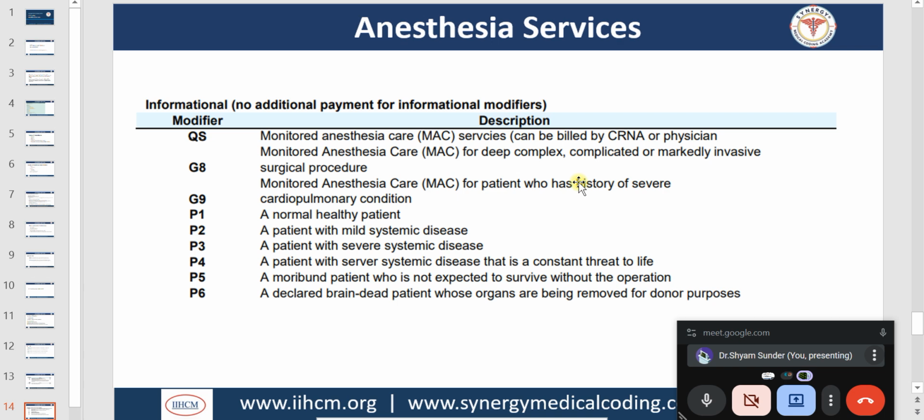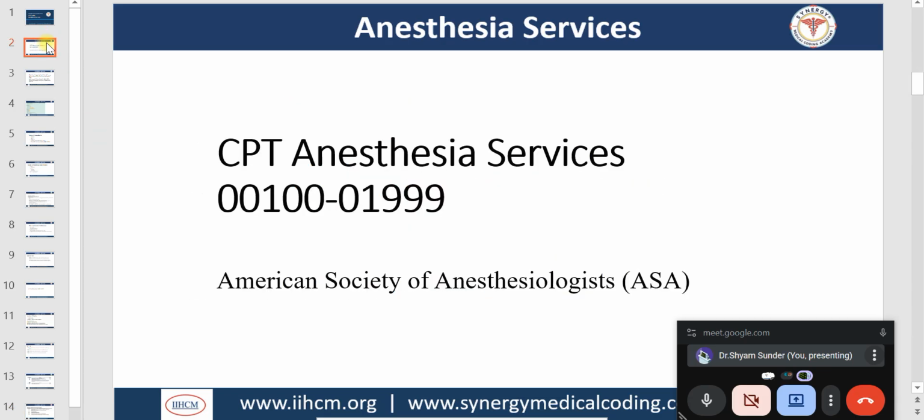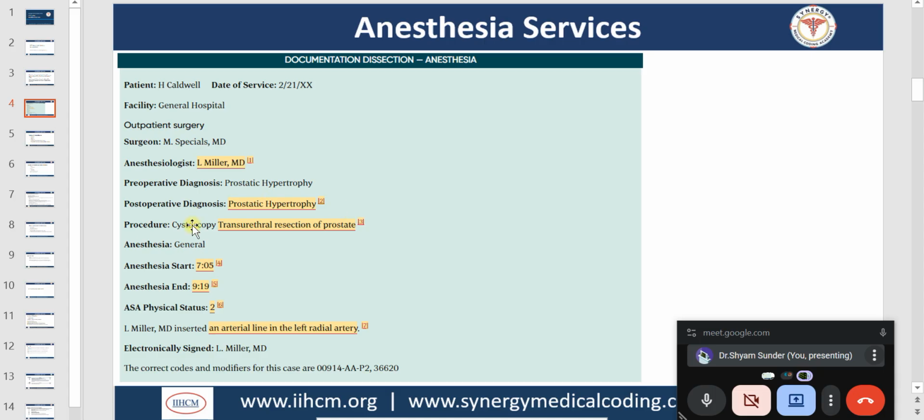So don't worry about the technicalities. In an anesthesia report, if it is MAC, he will write MAC, monitored anesthesia care.